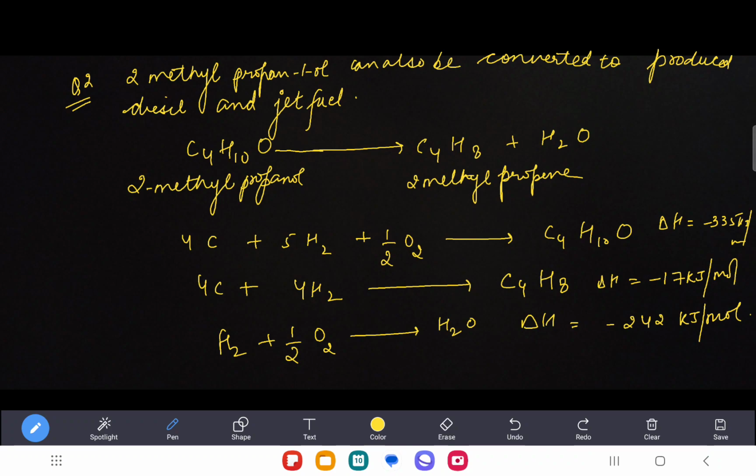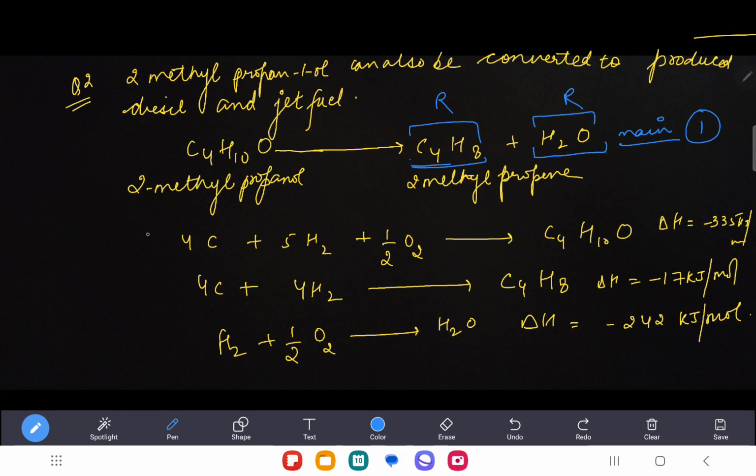And you have to solve this. Yes or no? What do you think you would be able to solve? Understand, when we are talking about 2-methyl propane-1-ol being converted to produce diesel and jet fuel, what exactly is happening here? I need 2-methyl propene on the right hand side in my main reaction, and I need H2O as well on the right hand side.